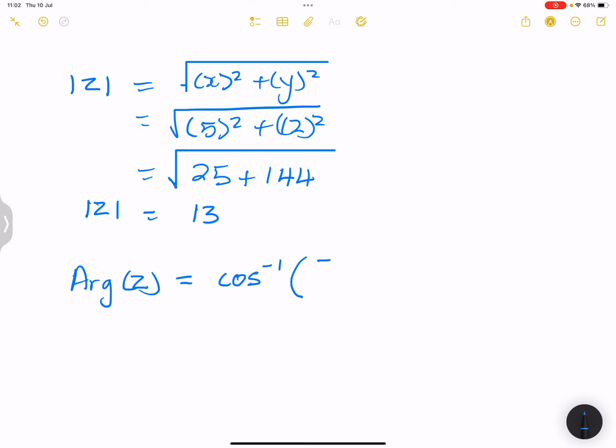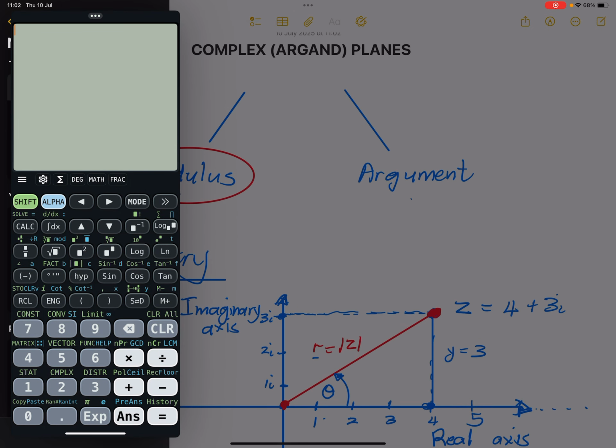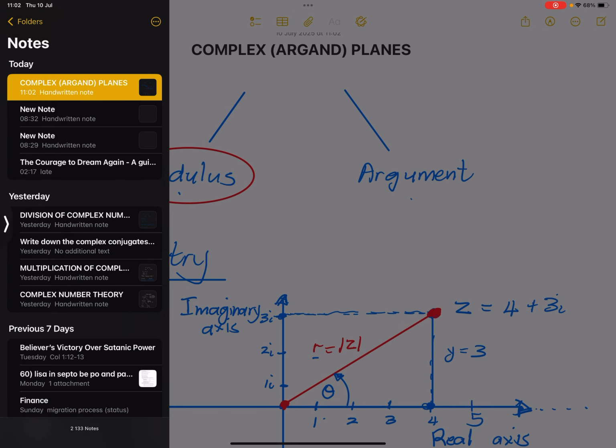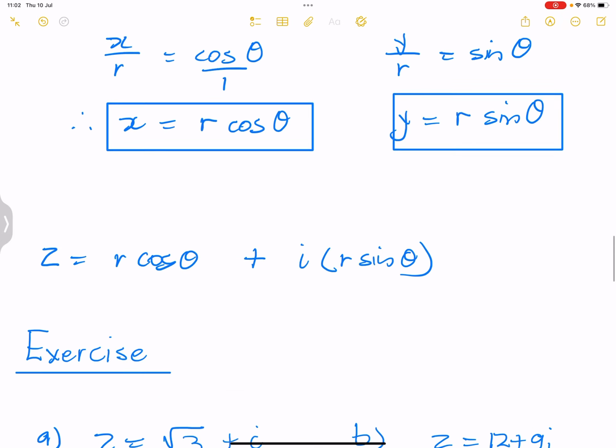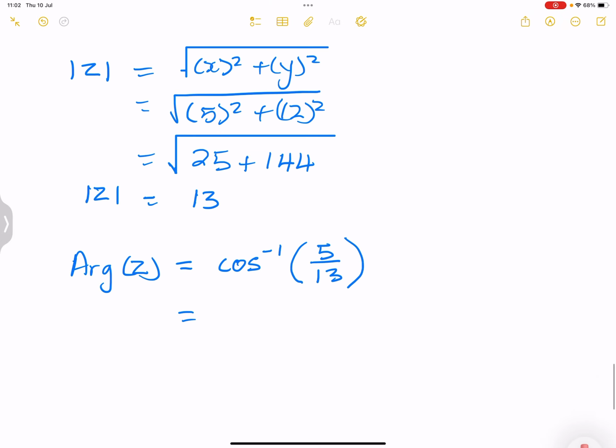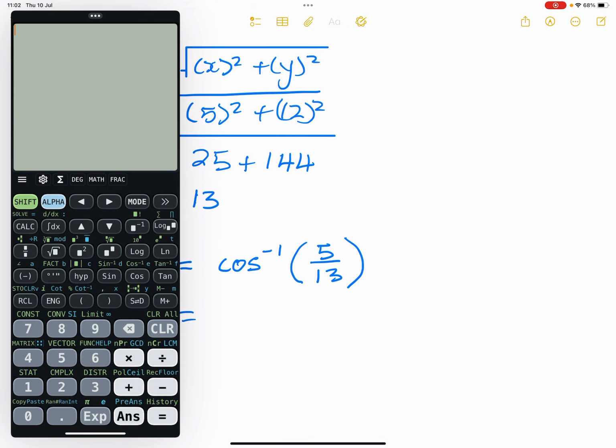The x value is 5. So this is going to be 5 divided by 13. So shift cosine of 5 divided by 13, and we get 67.4.